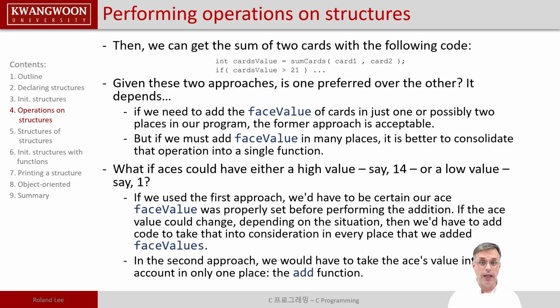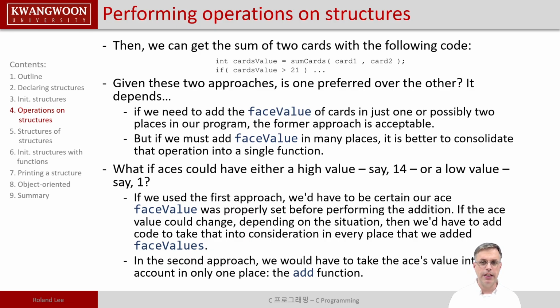If the ace value could change or be either value depending on the situation, then we would have to add code to take that into consideration in every place that we added face values. In the latter approach, we would have to take the ace values into account in only one place, the add function.